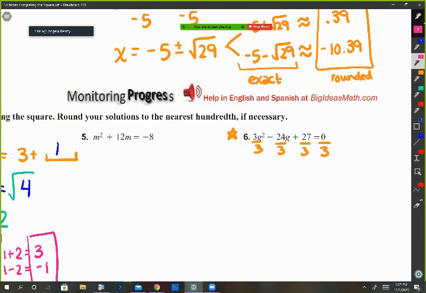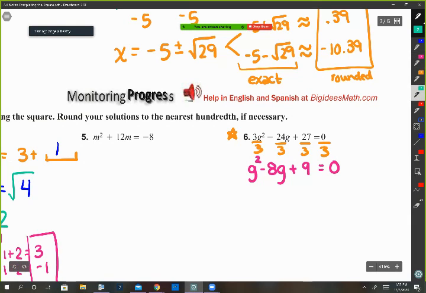Okay, so I kind of tried to show you that first step: divide everything by 3. So we get g squared minus 8g plus 9 equals 0. Then remember, we want to get that 9 to the other side because we're trying to figure out what would normally go in that spot so that you can solve.